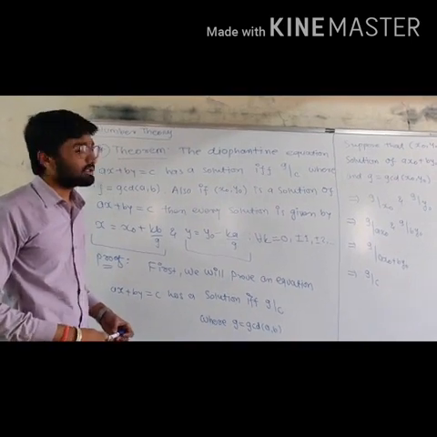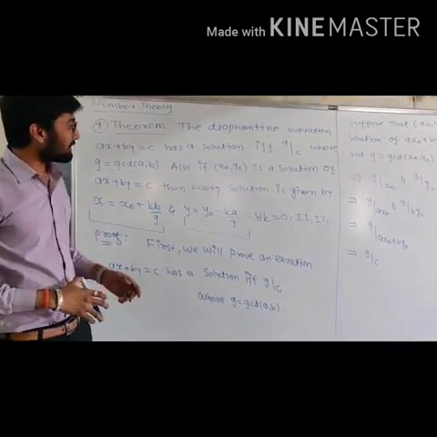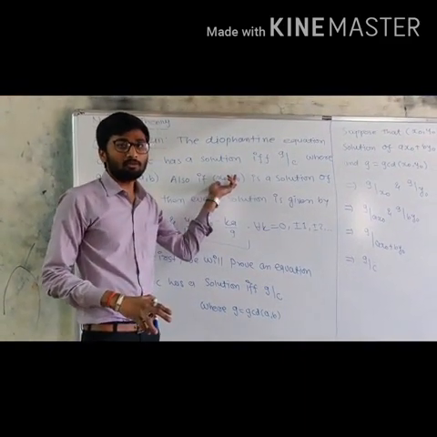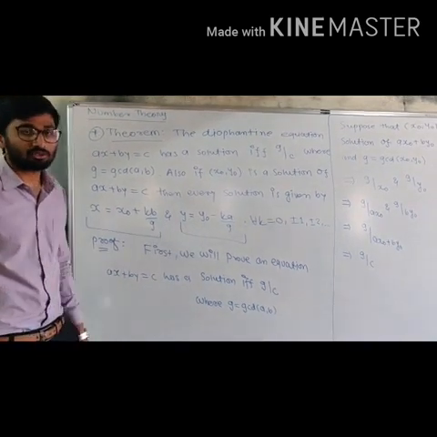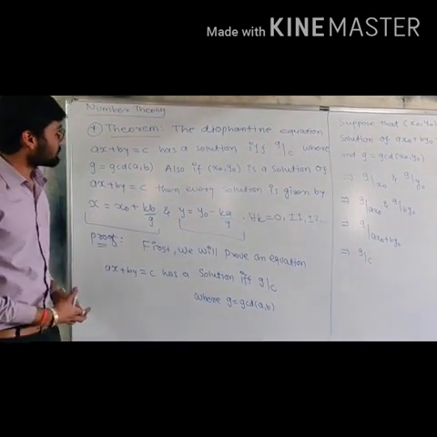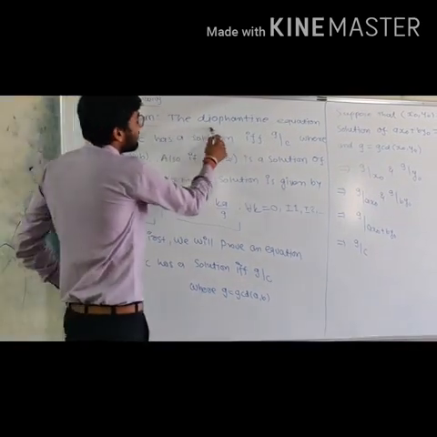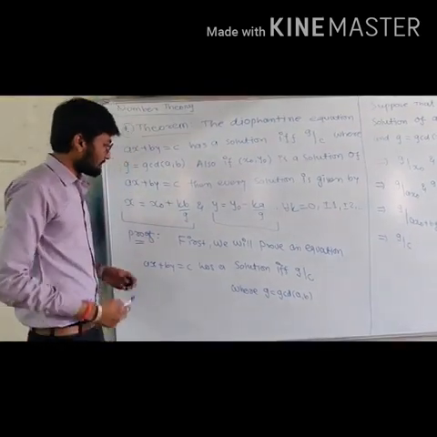If g divides c, then this Diophantine equation has a solution. And if we are able to find a first solution x0, y0, then we are able to find all other solutions of this Diophantine equation. So start with the first statement: a Diophantine equation has a solution if and only if g divides c.